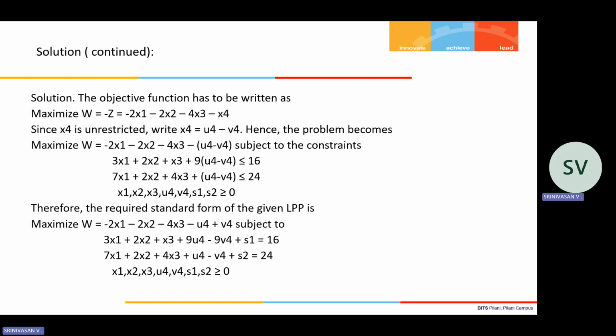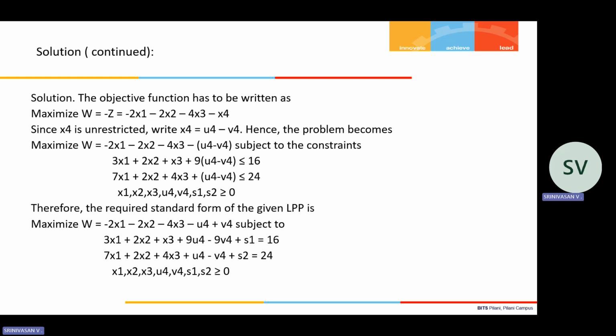less than or equal to, other can be greater than or equal to. Okay, so here is an example where both the constraints have less than or equal to inequality. So then definitely we are only going to add. You can write S1, S2, whether you are putting plus or minus depends on the inequalities available in your constraints. Anyway, in this problem, both of them are less than or equal to, so you need to add the slack variables. So you can write maximize W equal to minus 2x1, minus 2x2, minus 4x3, minus u4.